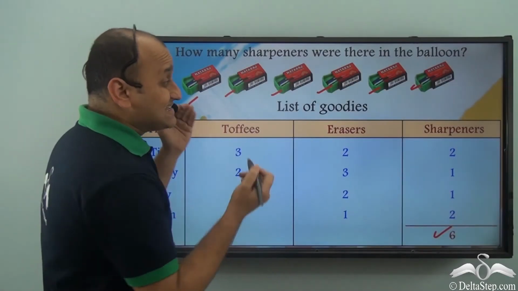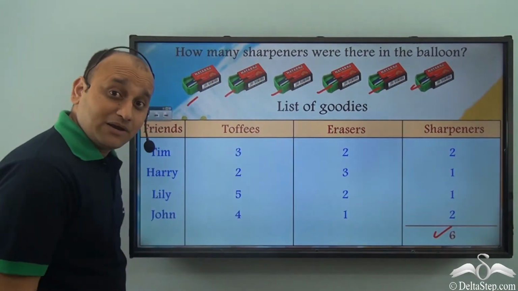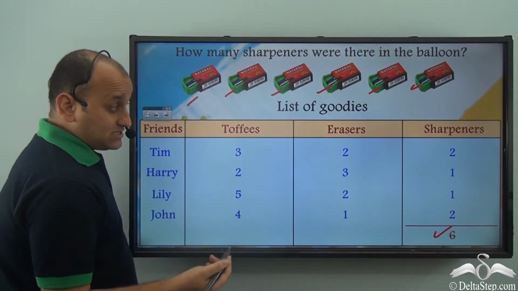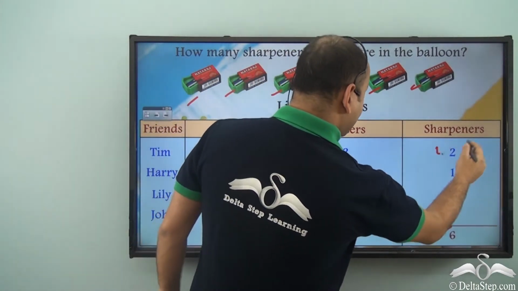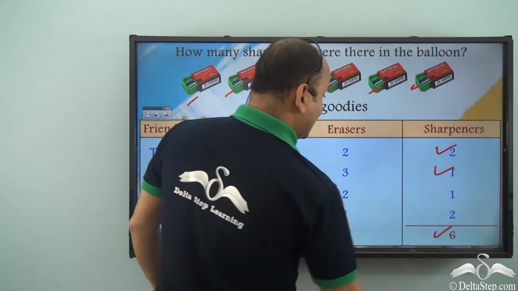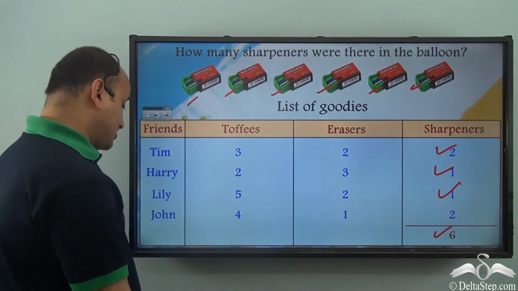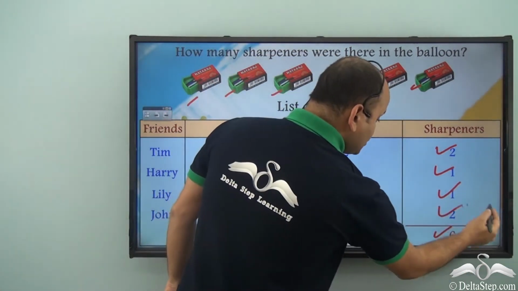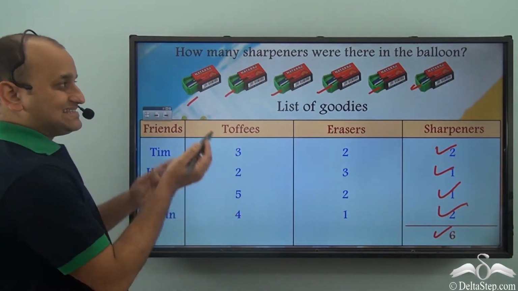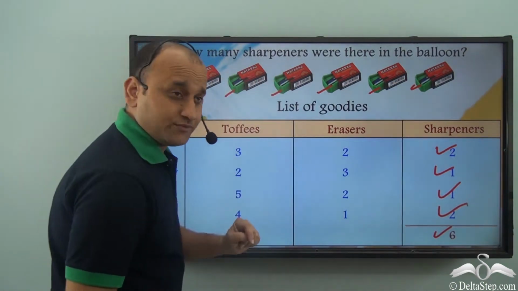So you had 6 sharpeners in the balloon. And from those 6, 2 were collected by Tim, 1 was collected by Harry, 1 was collected by Lily, and 2 were collected by John. So total 6 sharpeners were there in the balloon.